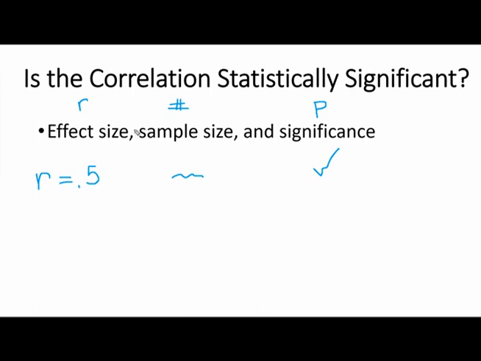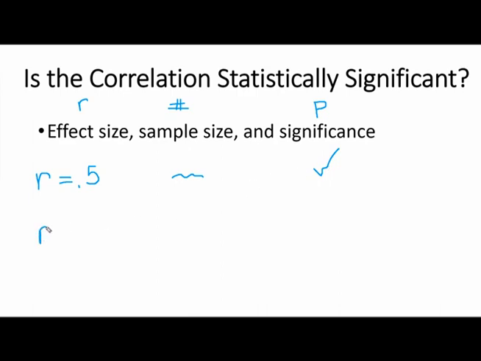That's just because this is something that has a high strength. Even if we're only looking at a small number of people, we're usually going to see a significant result. And that's not always the case. If your sample size is teeny tiny, if you only had like 2 people, then we would have to reevaluate. But for the most part, a large effect size is going to be significant.